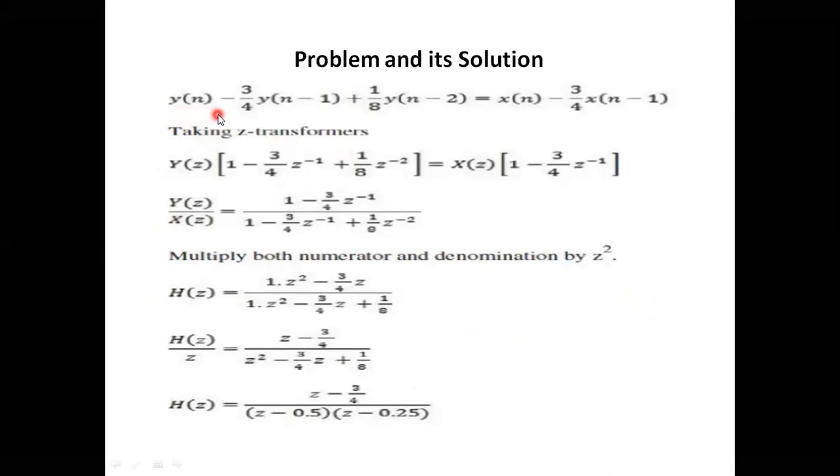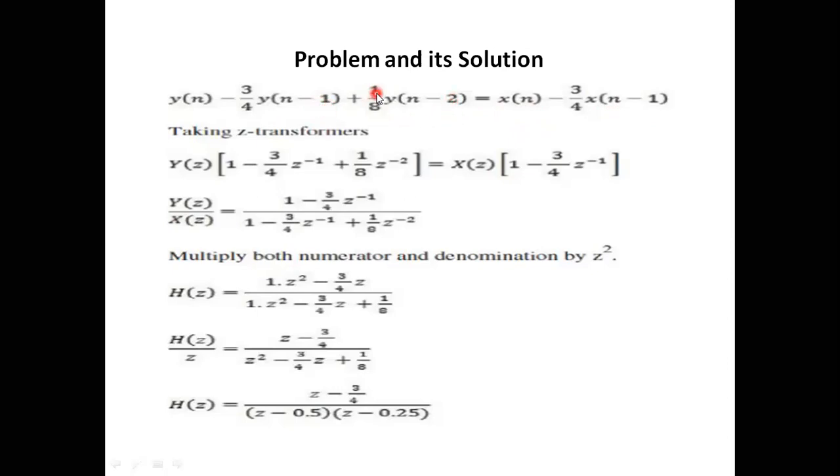Let's say the difference equation is given as y[n] minus 3/4 y[n minus 1] plus 1/8 y[n minus 2] equals x[n] minus 3/4 x[n minus 1]. All the y[n] output terms and their delayed versions are separated on the LHS, and x[n] and its delayed version are on the RHS. So n minus 1 means delayed by 1, n minus 2 means delayed by 2.